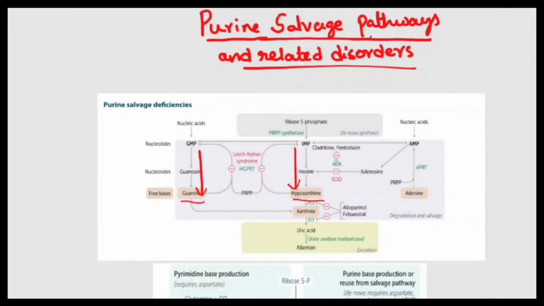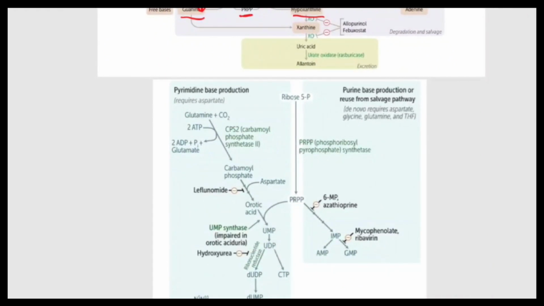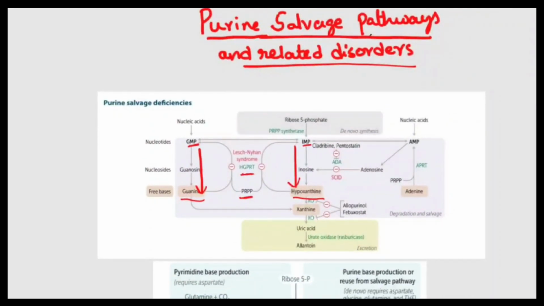These free bases are converted back to GMP and IMP with the help of HGPRT, which stands for hypoxanthine guanine phosphoribosyltransferase. They use PRPP, which is synthesized from ribose 5-phosphate, as you can see over here. So they use the PRPP and are converted back to the respective nucleotides.